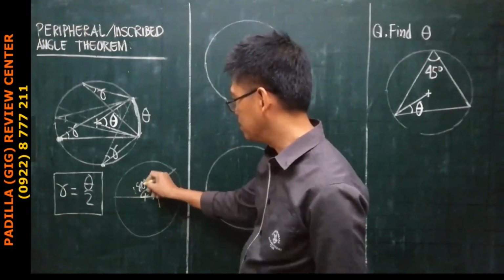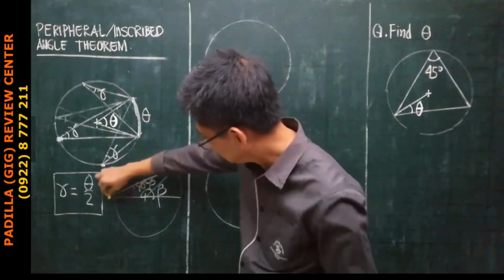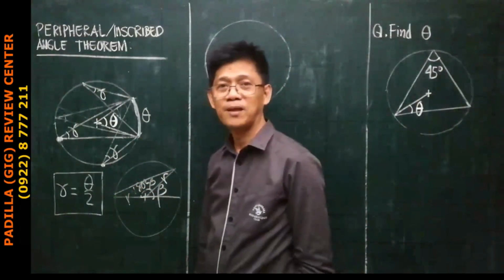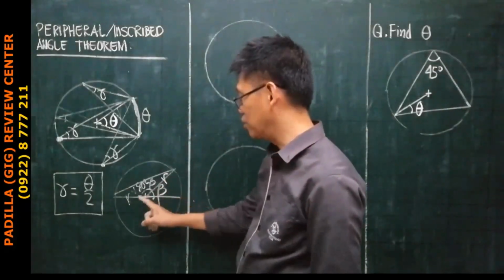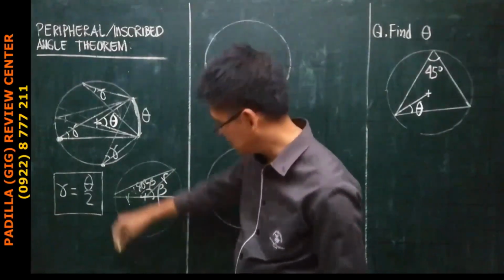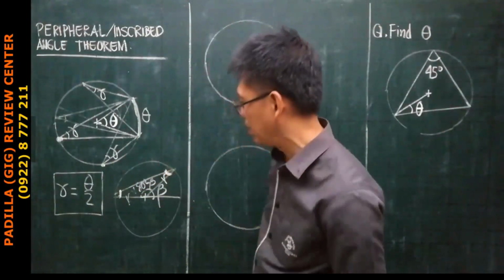Consider this triangle. This is a radius, and this is a radius. They are both radii, so this triangle is isosceles. So this angle and this angle are equal. Correct?